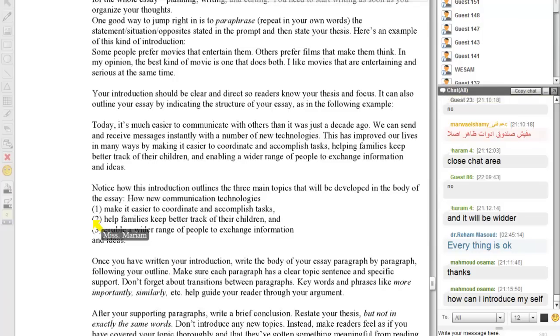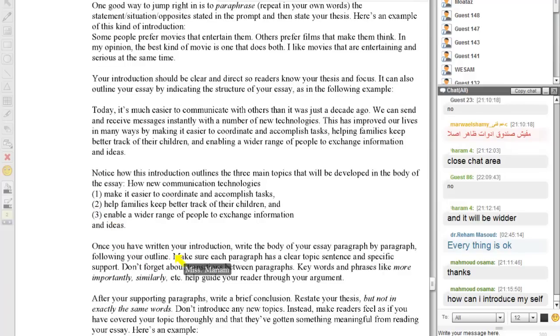We are going to move on with paragraph 2, the second supportive idea, and so on.